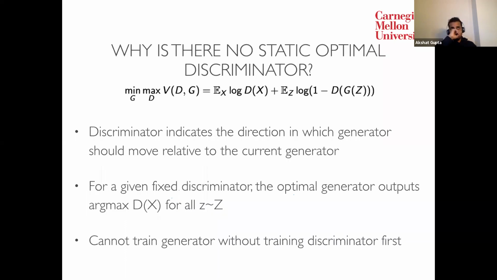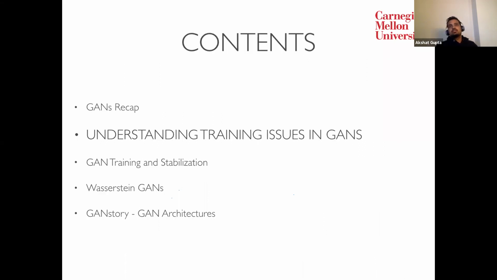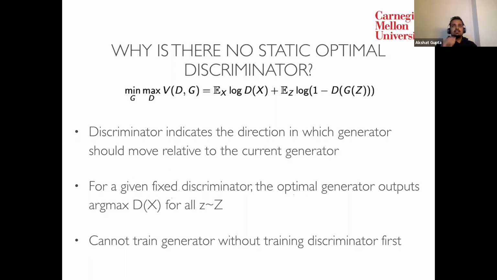Let's look at some optimization issues that we see in GANs and some practical issues that we see while training GANs. One question that's very natural to ask is, why is there no static optimal discriminator? Why do we train the discriminator again after we train the generator?